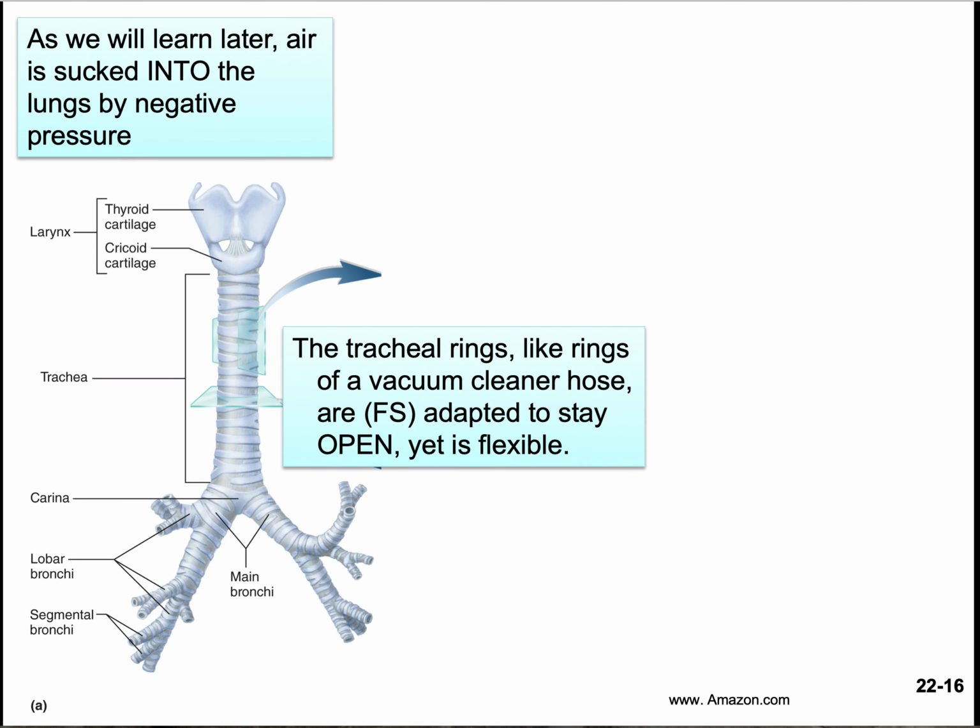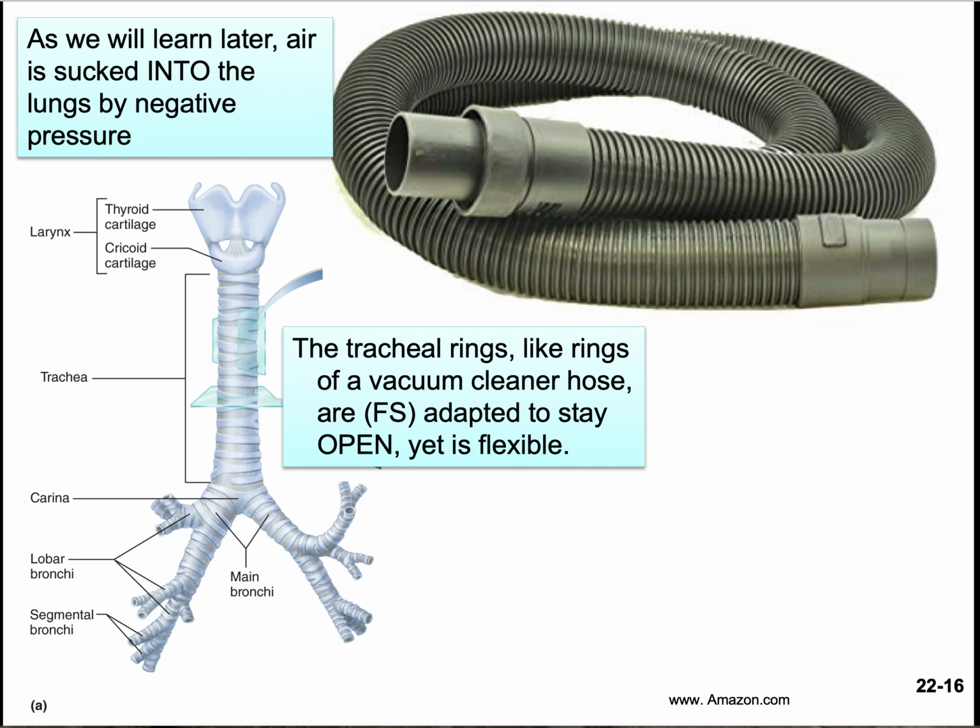Back to those tracheal rings for keeping open the airway. I regularly make an analogy to the rings that you see in the hose of a vacuum cleaner. And this is about the best analogy I've ever come up with. And here's why.